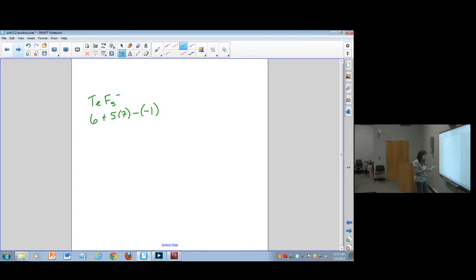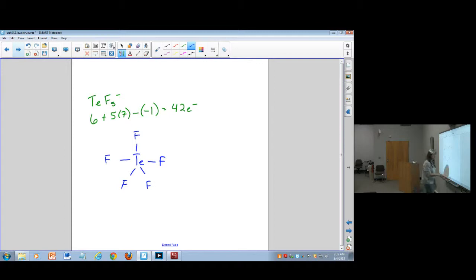Subtract -1, and this is going to give me 42 electrons that I need to deal with. And already you can see that this is going to have to break the octet rule because I have 5 fluorines attached. And I'll put them like so.